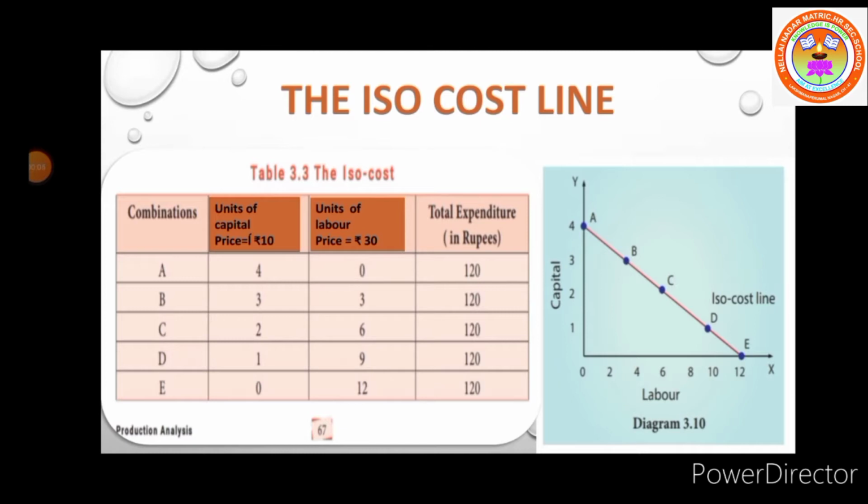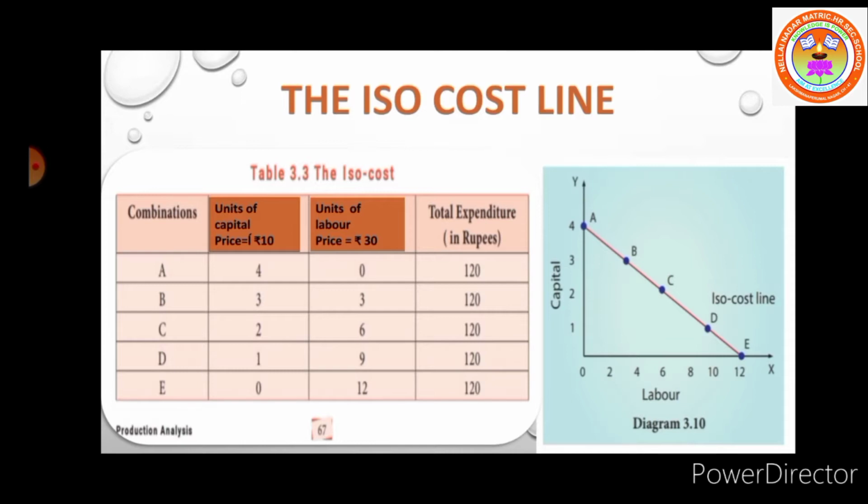The ISO cost line is an important component in analyzing producer's behavior. The ISO cost line illustrates all the possible combinations of two factors, that is labor and capital, that can be used at a given cost and for a given producer's budget.